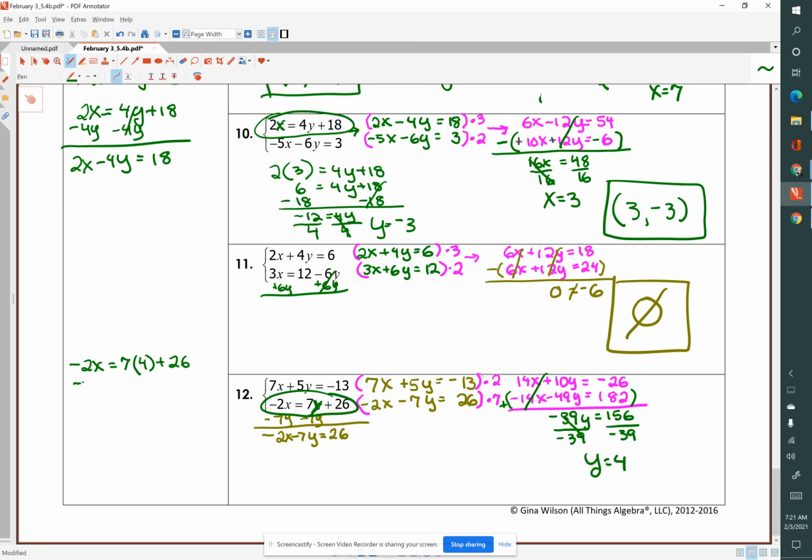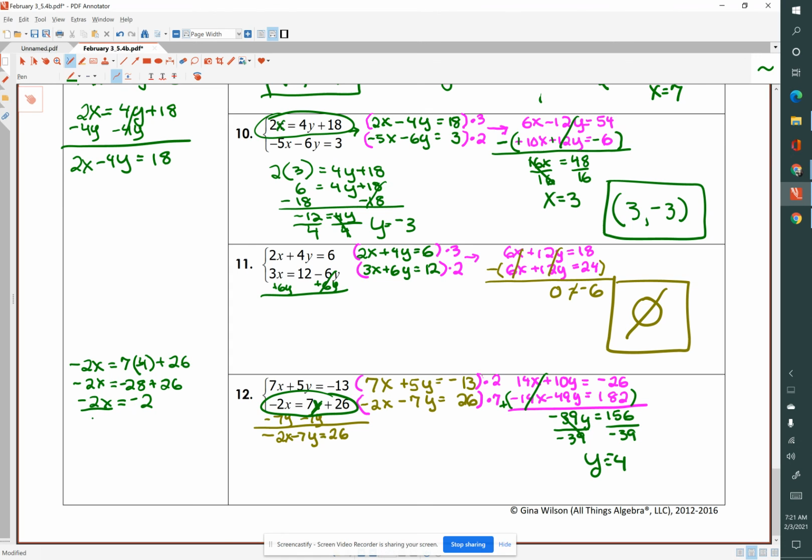Negative 2x equals 28 plus 26. Excuse me, I forgot my negative. Forgot my negative sign on the 4. Okay, here we go. Negative 28 plus 26 is negative 2.